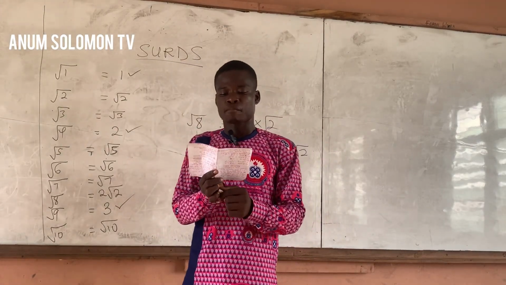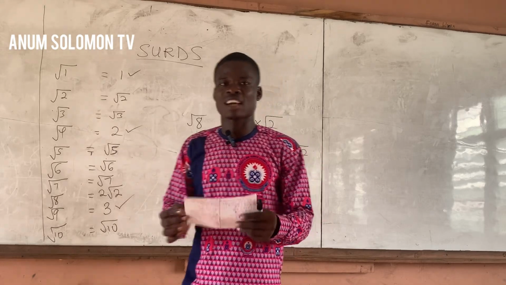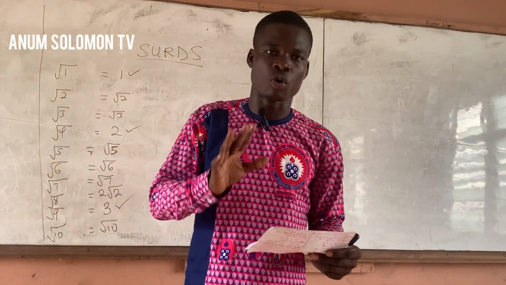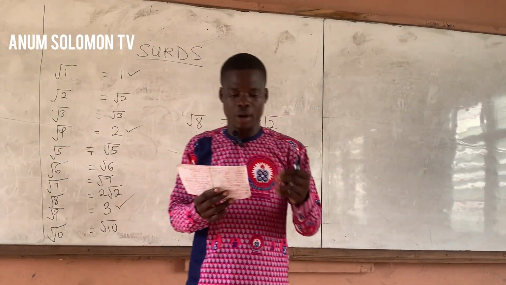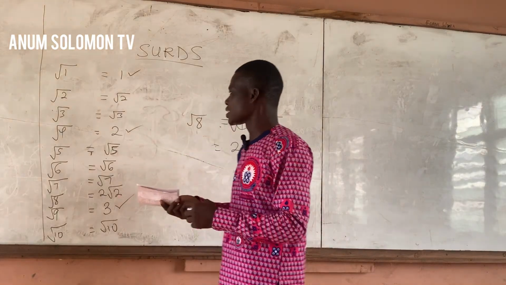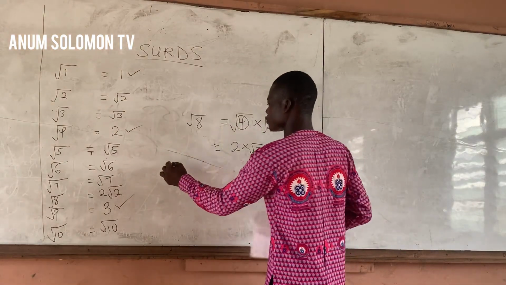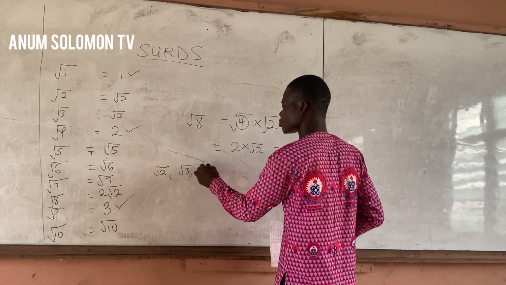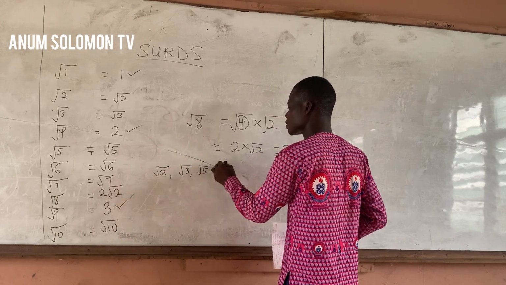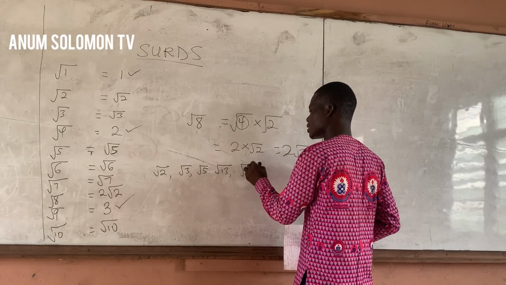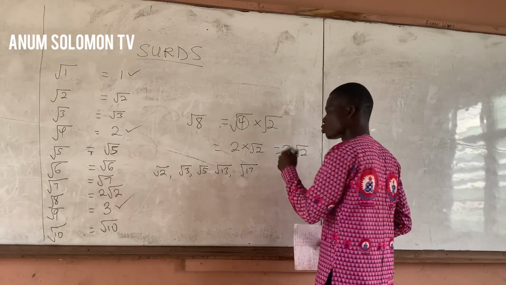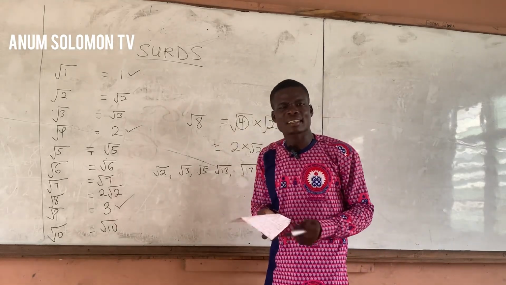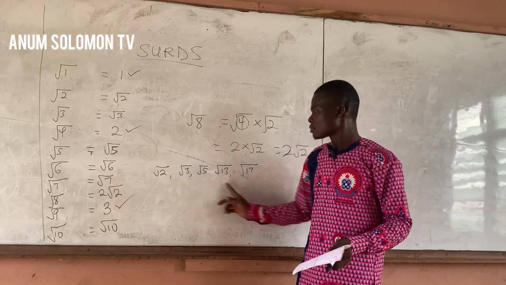So a surd is in basic form if the number under the radical sign has no perfect square as a factor. So for instance, root of 2, root 3, root 5, root 13, root 17, and so on. Let's check the numbers under this radical sign.